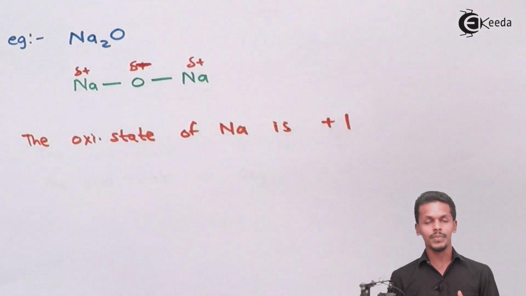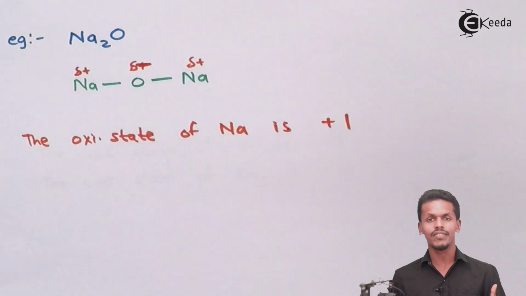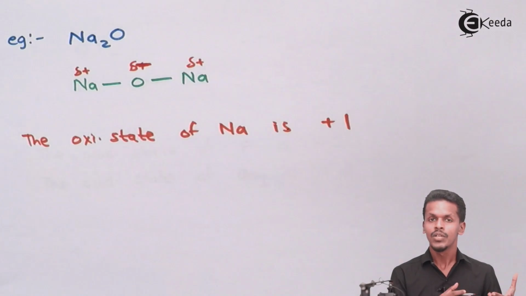So for each sodium, the oxidation state would be +1. To compensate for this, a negative charge is required, because oxygen is more electronegative than sodium.